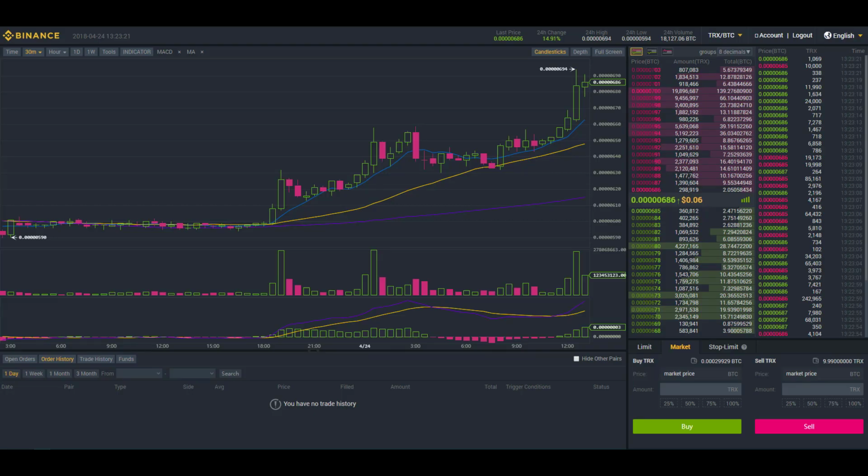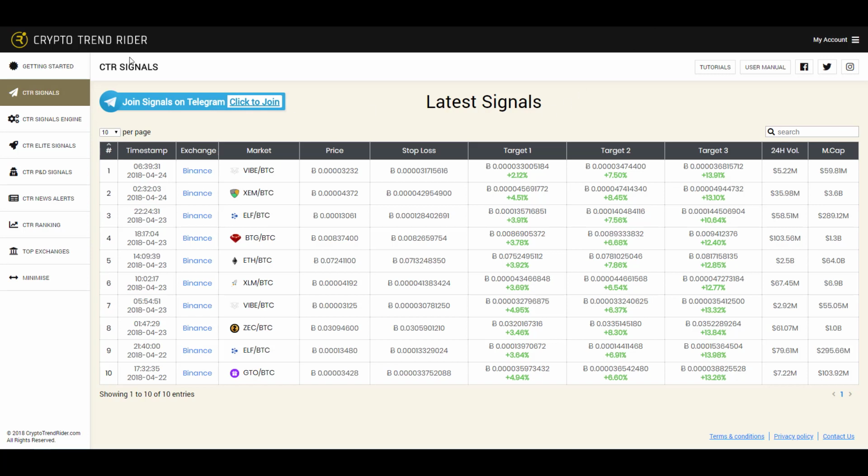Let's see, I'm using Binance. What I'm gonna do next is just find the signals. Let's refresh. Okay, these are the latest ones. Let's say I would go with XLM. Now you see in the exchange it goes to Binance, so it's okay.